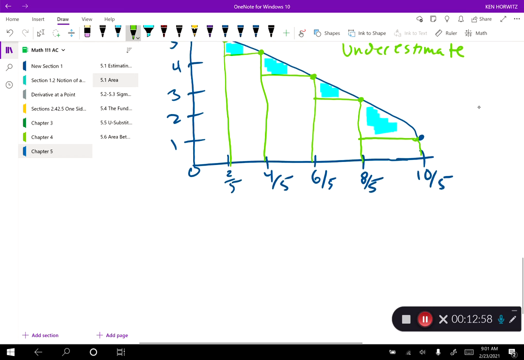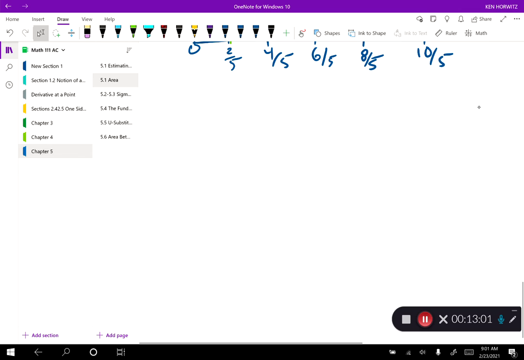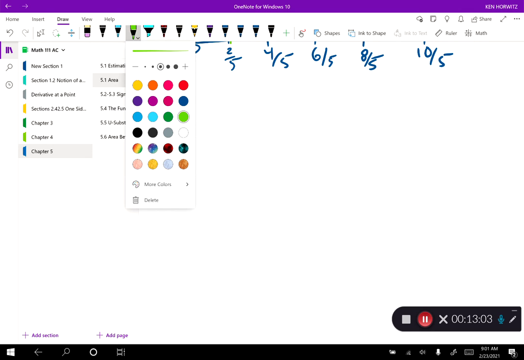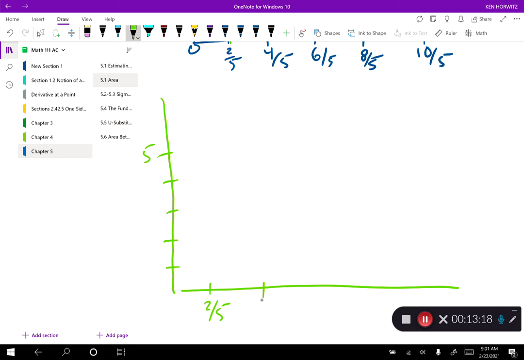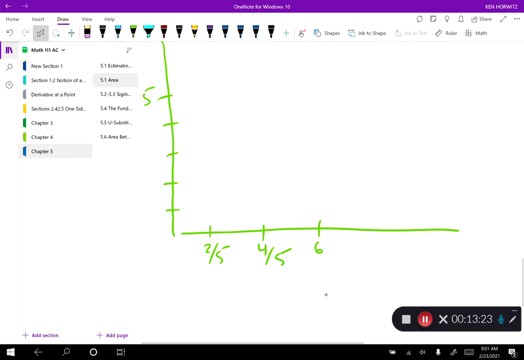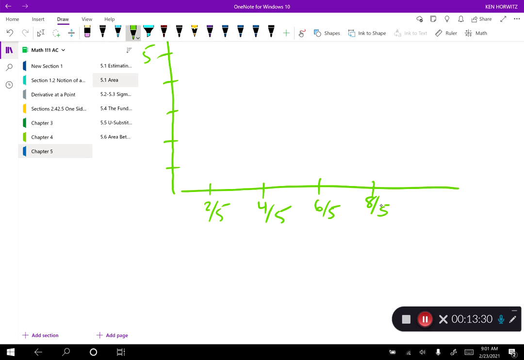Now, the other way we can do this is we can make a graph, and I'll make the graph in green this time, just because I can, no special reason. And again, I'm going to do it the same way. All right.